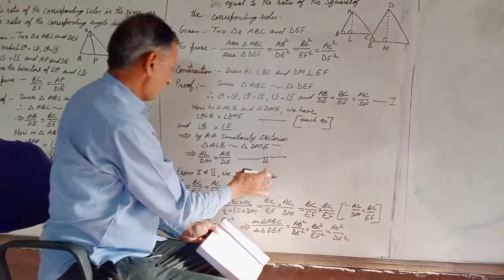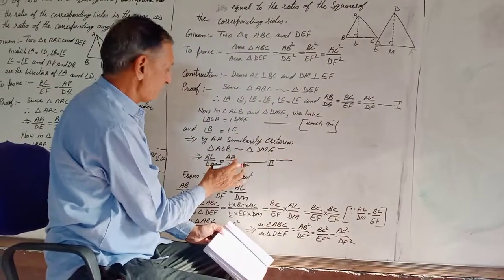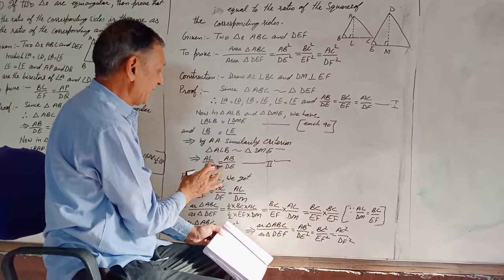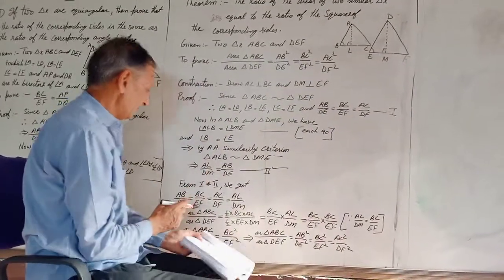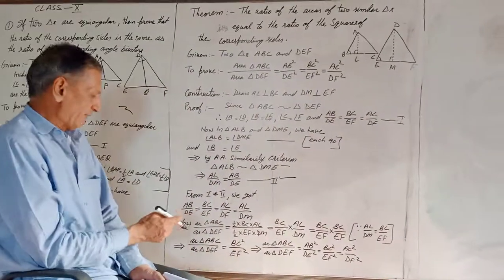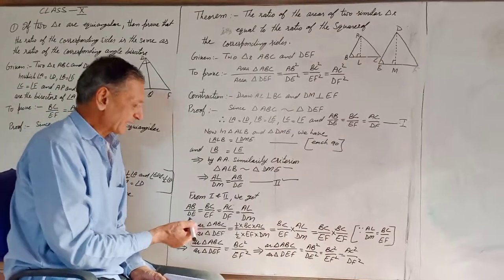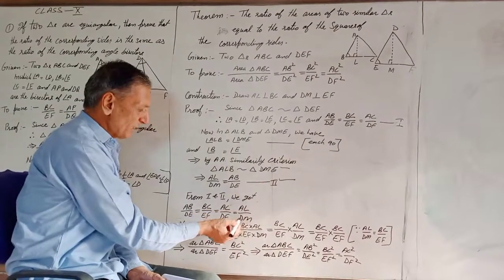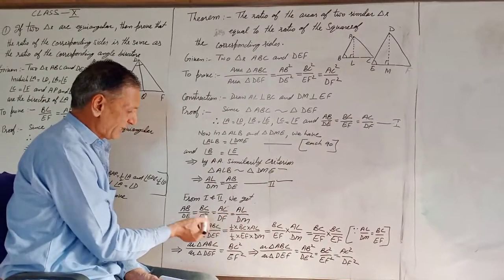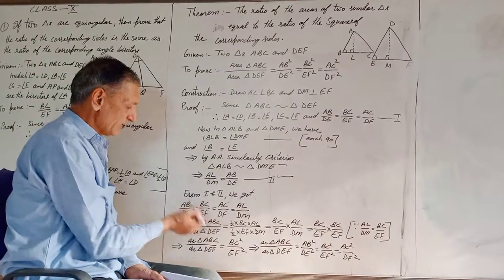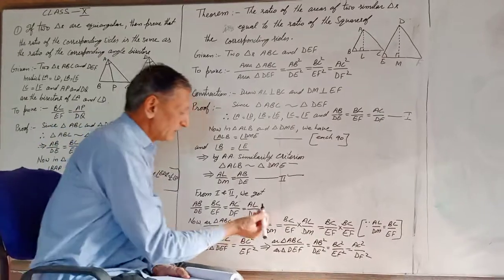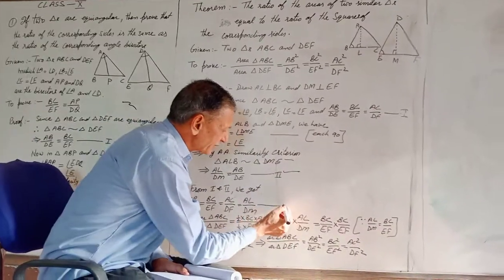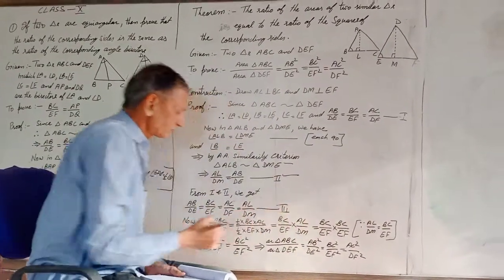But from equation 2, we have AB upon DE is equal to AL upon DM. So we replace this by AL upon DM. So now we can write AL upon DM is equal to AC upon DF is equal to BC upon EF. Let's take it as equation number 3.